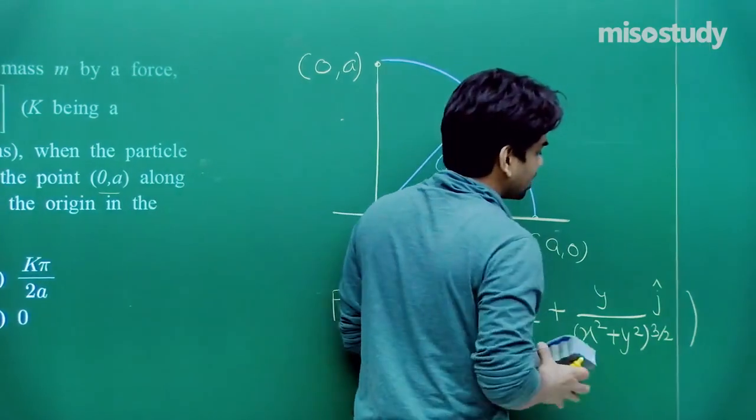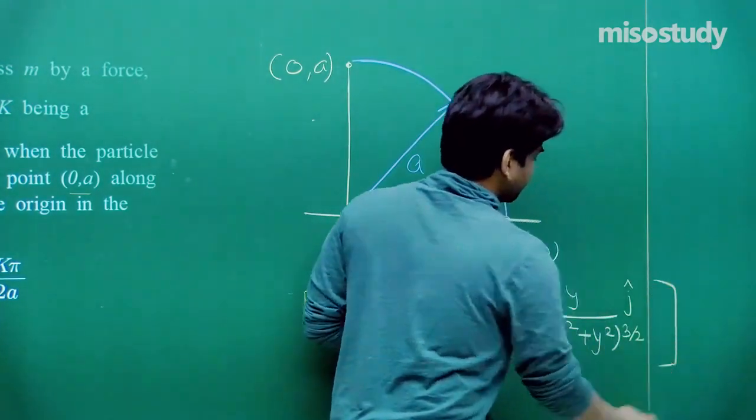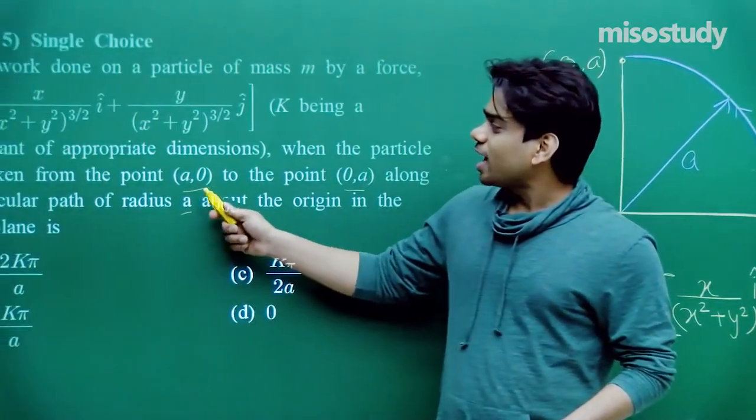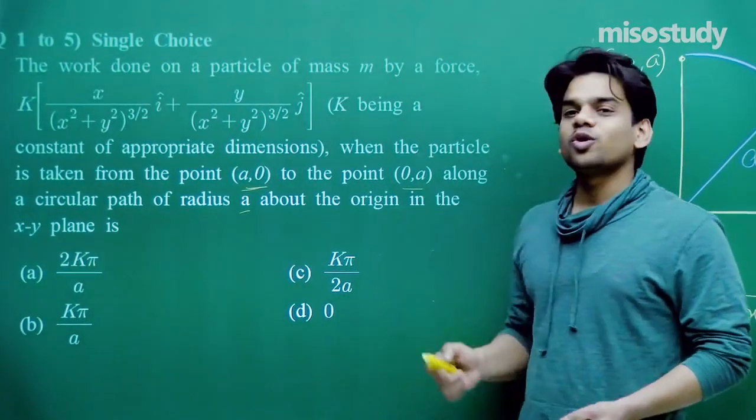This is what has been provided to us. We need to find out, as it is moved from a comma 0 to 0 comma a, what is the work done.